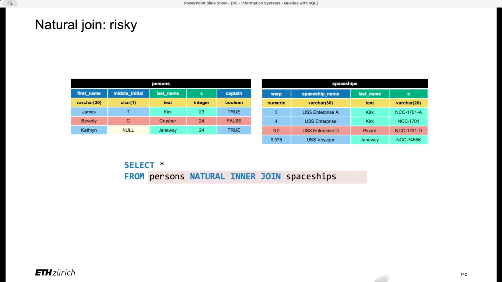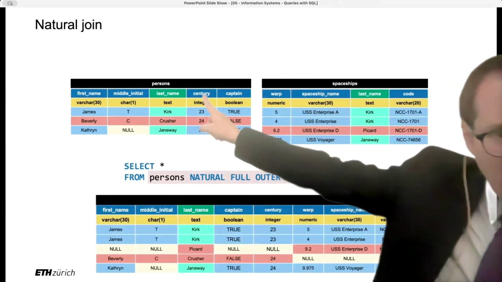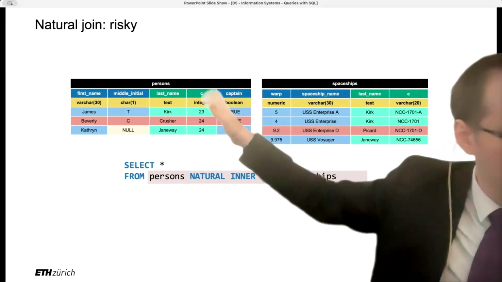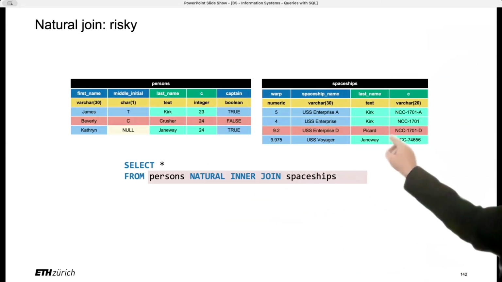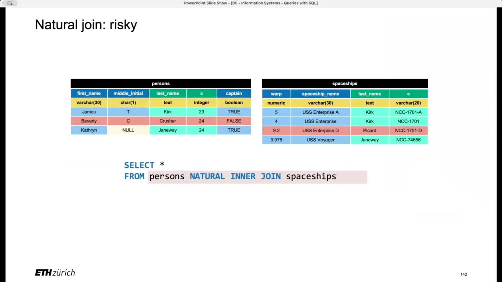Speaking of natural inner joins, it's a very good transition to what I have to say here. It is risky. First, it's risky because you might have no columns in common, but it is also risky because you might accidentally have columns in common, right? Unintended. Imagine that instead of having Sentry here, I just put C because I'm lazy, and instead of code here, I put C as well.